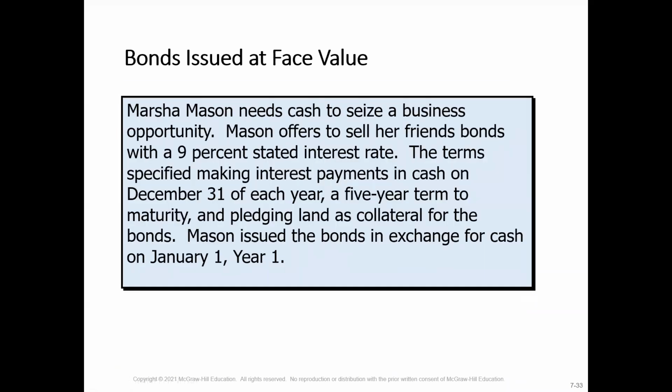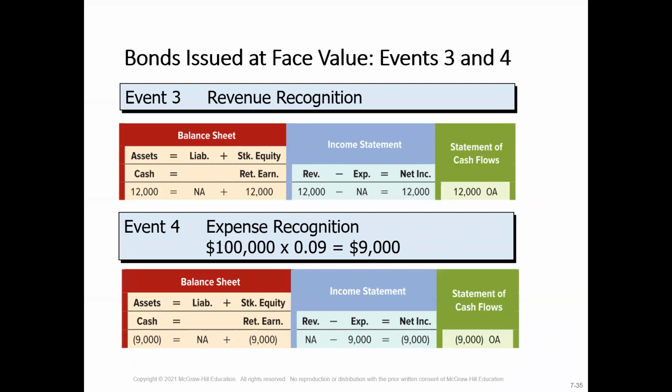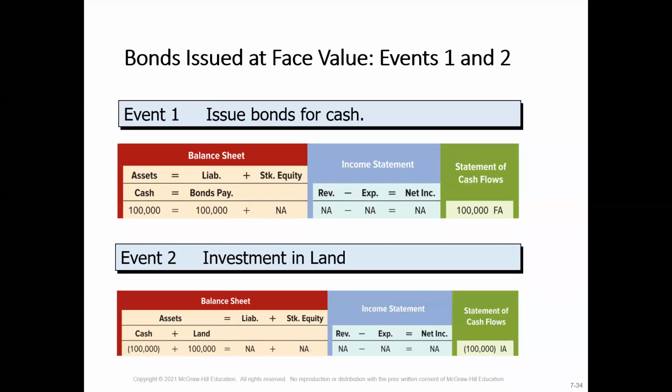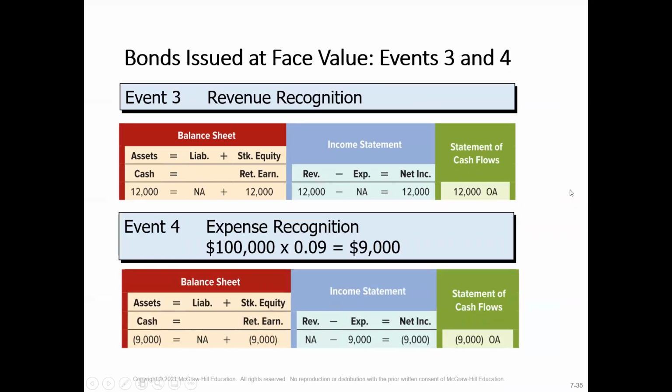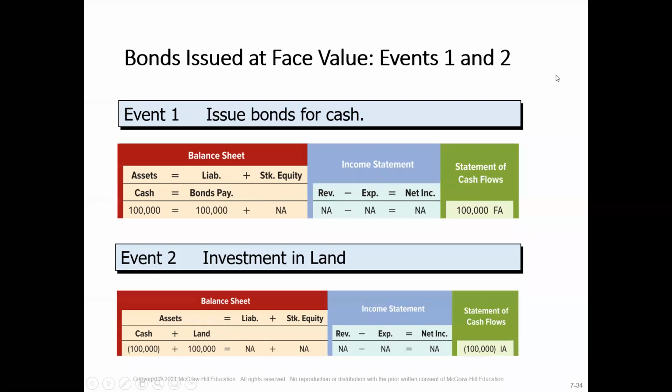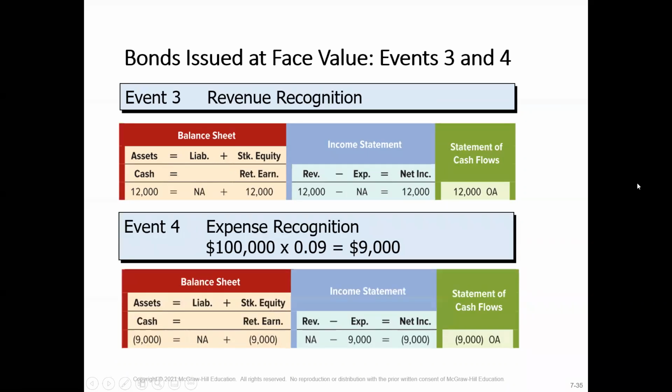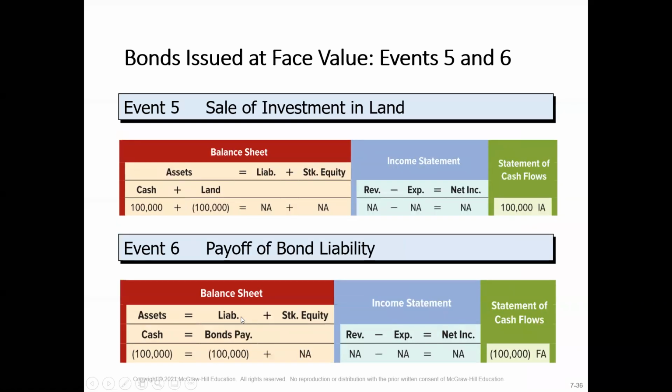So this possibly was farm ground or something. It looks like we're going to invest in the land, get a little revenue off of it, and then flip it. So probably some farm ground would be my guess. So we issued bonds for cash, bought the land for $100,000, earned some probably rent income off of the farm ground, paid interest on our bonds in event 4, and then we turned around and sold the land.